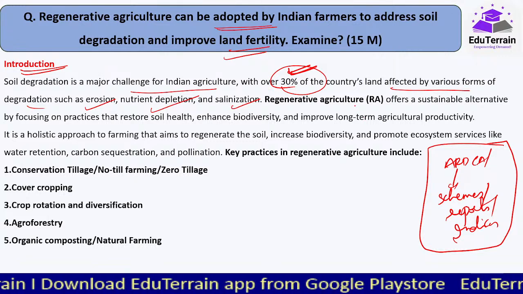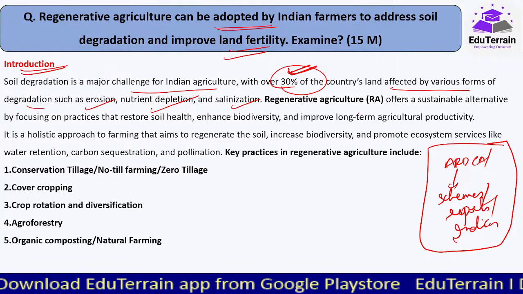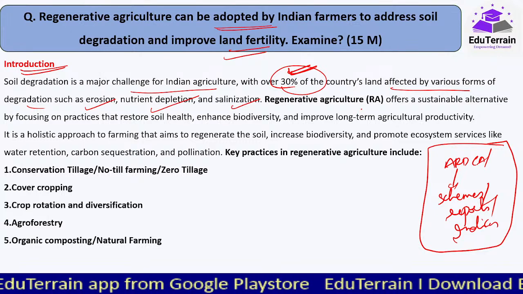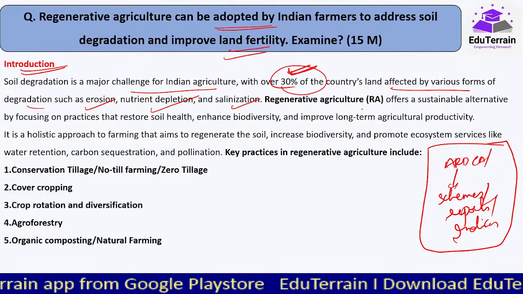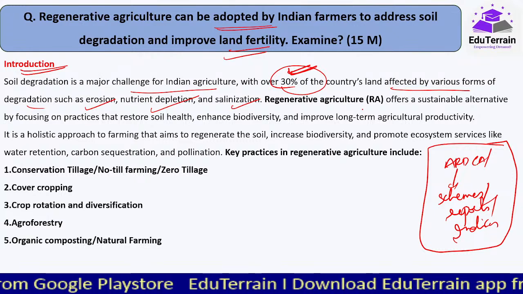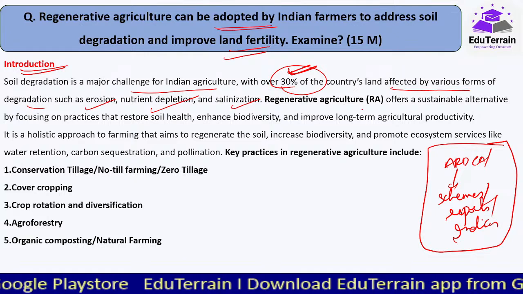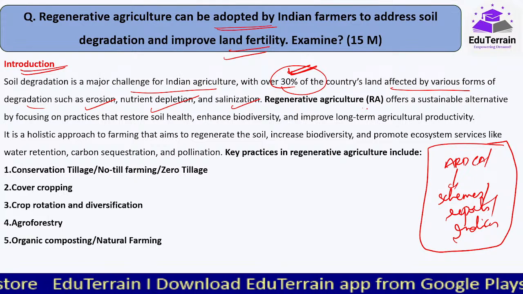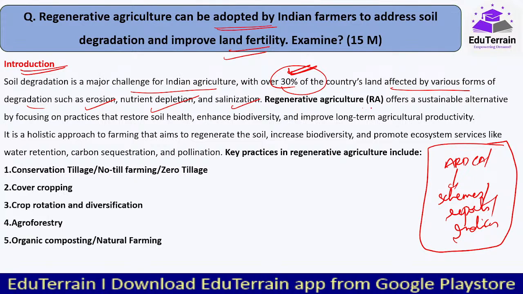This was an ICAR report that was released some 8 to 10 years back. Even today we generally refer to that when it comes to soil degradation, land fertility or organic carbon content in Indian soils, etc. So all this data has been taken from that report.